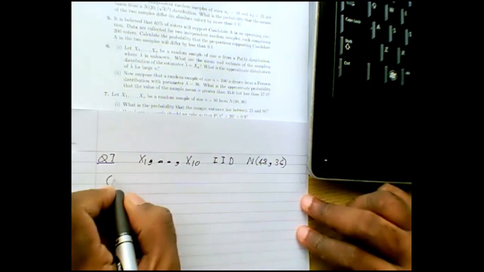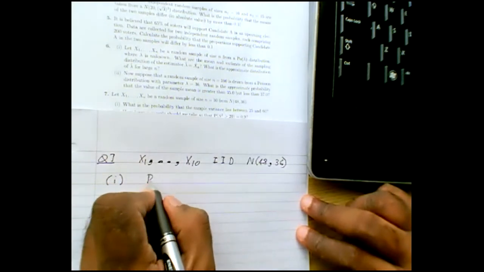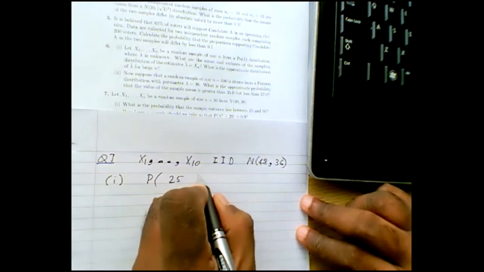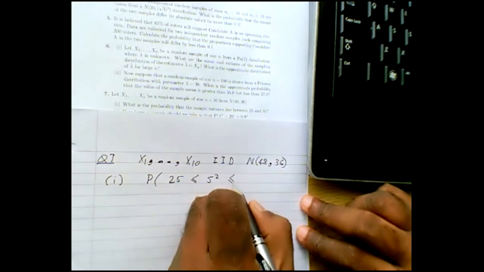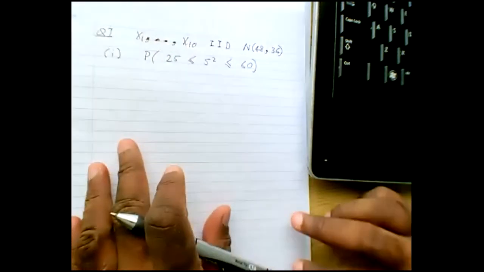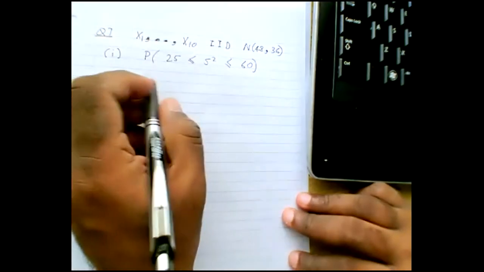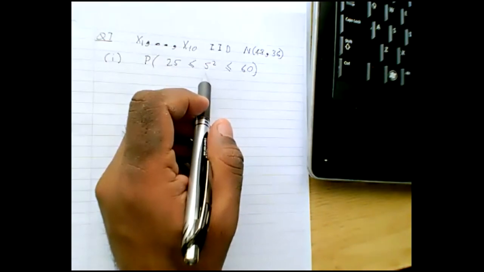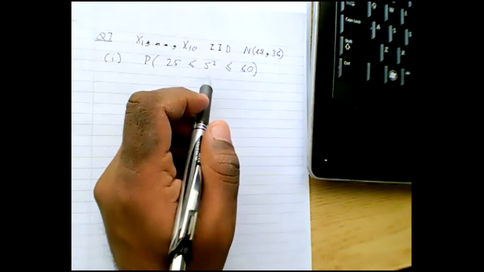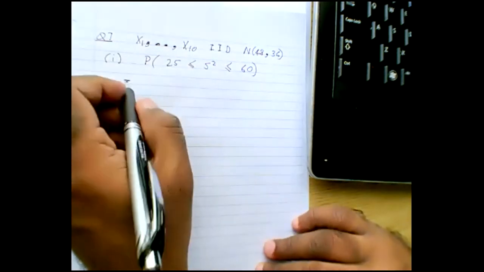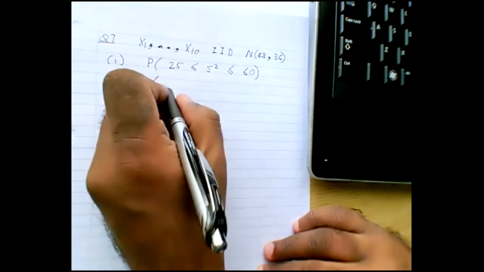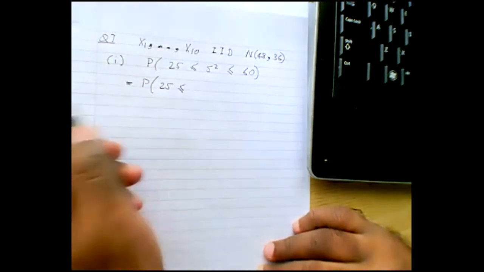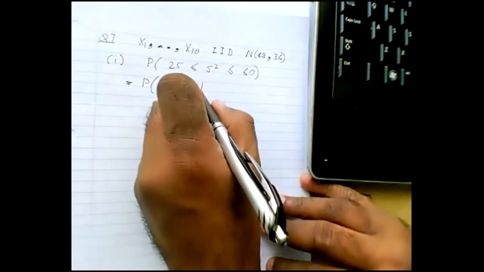Now, part one of the question is to find the probability that the sample variance S squared is between 25 and 60. Now you may recall from a long time ago, I gave you two formulas for the sample variance, where one has the divisor of n and the other one had divisor of n minus 1. And I told you the better one is the one where the divisor is n minus 1. So I'm going to use that one.